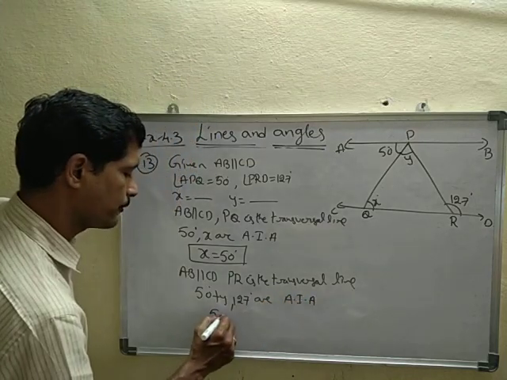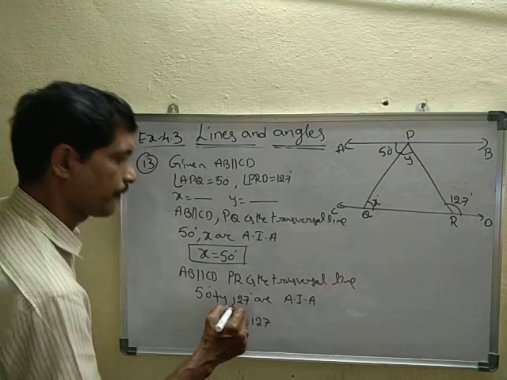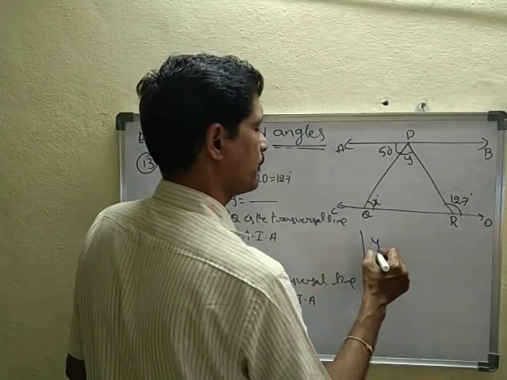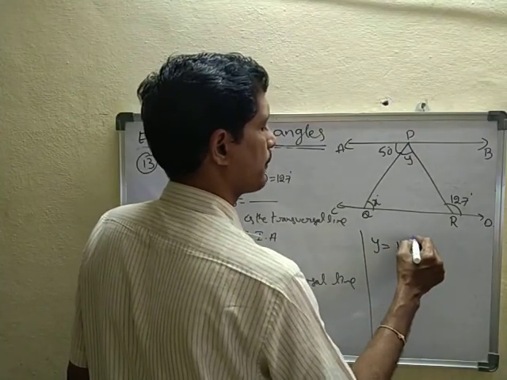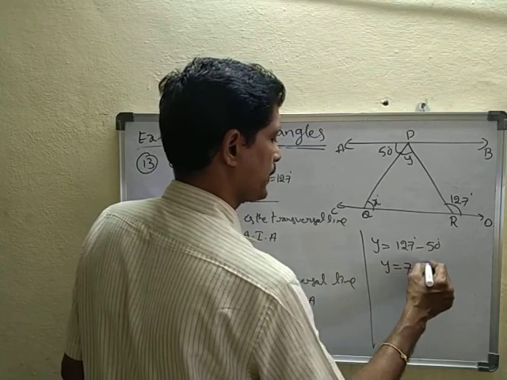Therefore 50 plus y equal to 127 degrees. Therefore y equal to 127 minus 50. Therefore y equal to 77 degrees.